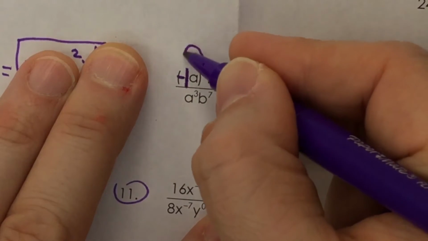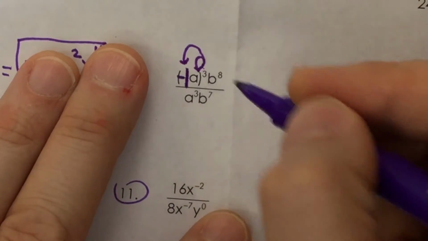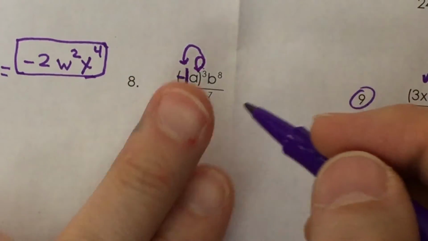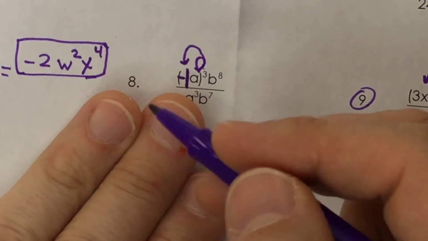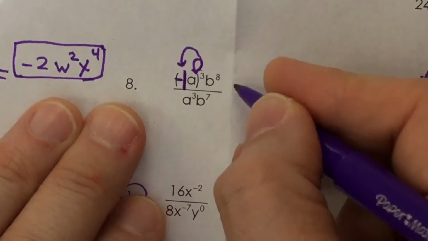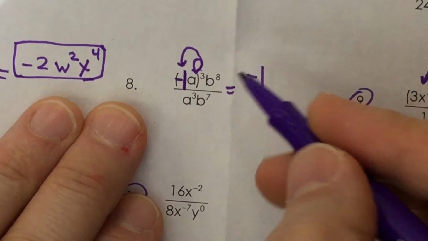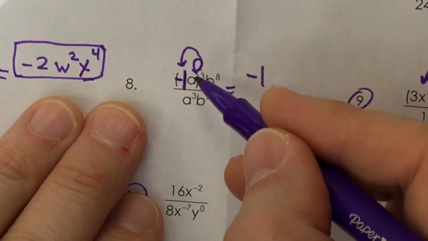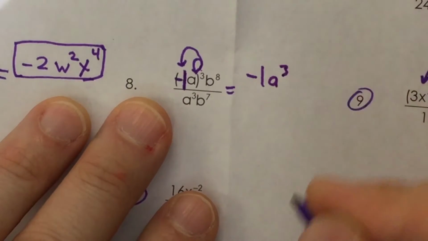So you have negative 1 to the power of 3, and you also have a to the power of 3. Negative 1 times negative 1 is 1. And then 1 times negative 1 again goes back to negative 1. So doing that math, we just got negative 1 again. And then when I distribute this exponent 3 to the a, I get a to the 3rd.